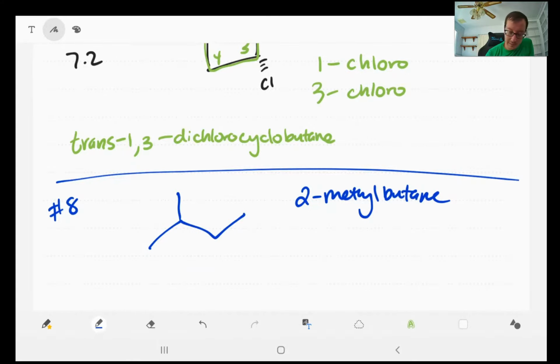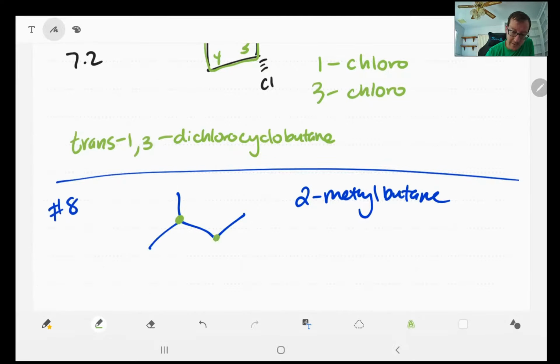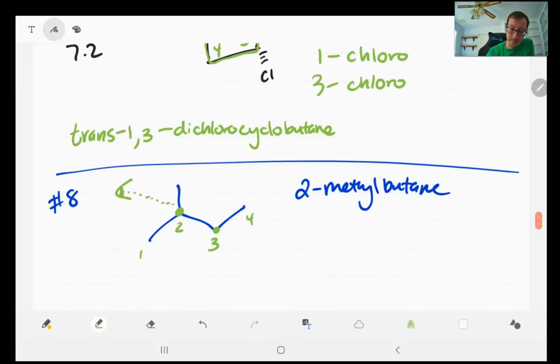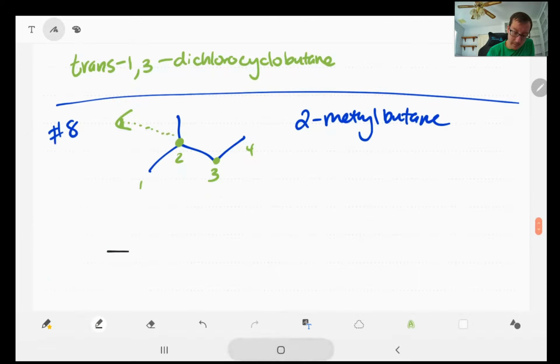Now we're going to draw a Newman projection looking at these 2 carbons. If we were to number these carbons, we're looking at 2 and 3. So, here's our eyeball, we're looking down this way. Our front carbon, actually we should write methyl for these.